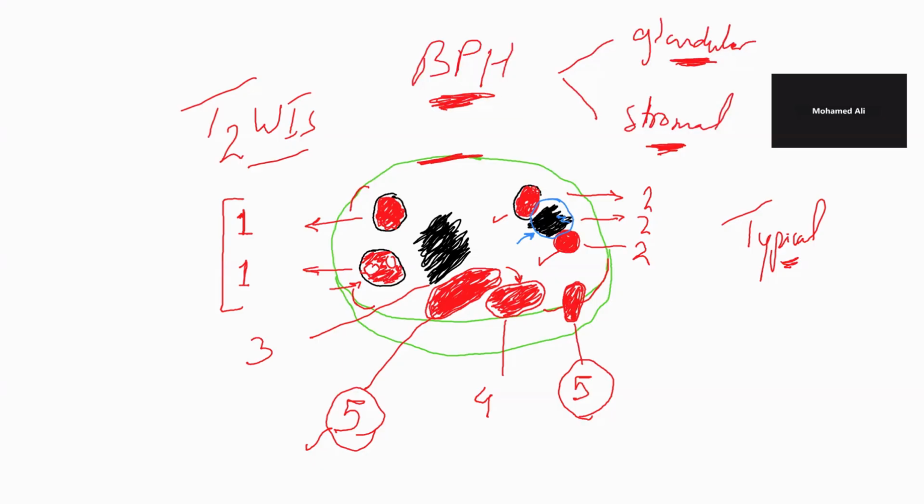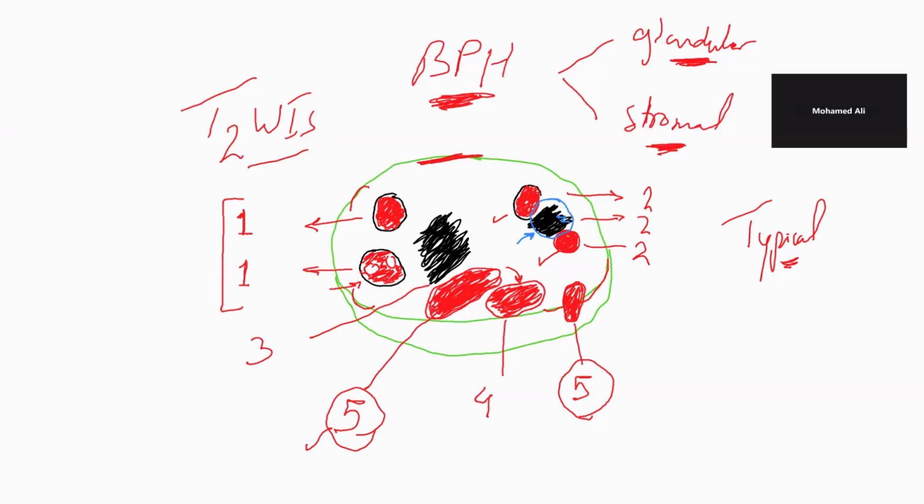Transitional zone tumors or malignant features, these nodules display low signal intensity on the T2 weighted MRI. It is totally different from the background with ill-defined margin. Any ill-defined margin nodule, take care of this point.